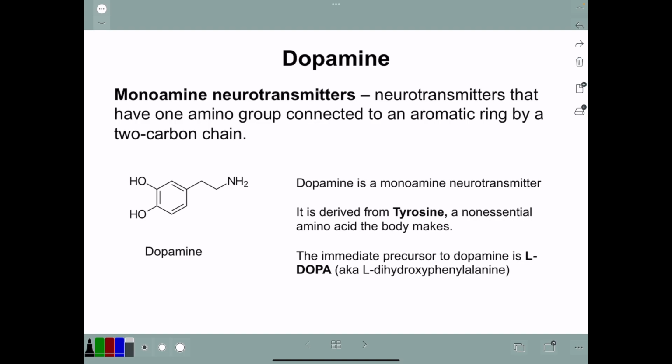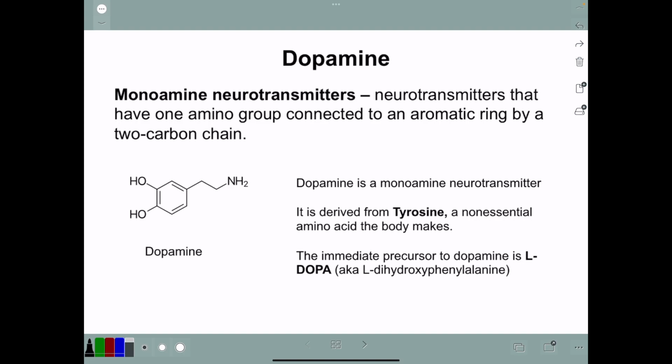And then we'll talk about its receptors, its unique ways that it is transmitted in the brain, and then we'll take a look at the specific areas in the brain that are essential for the reward pathway. And we'll also briefly mention the other pathways that exist, but we will focus on the reward pathway.